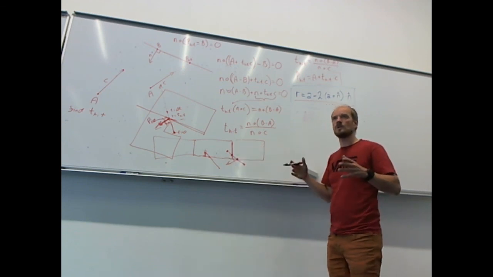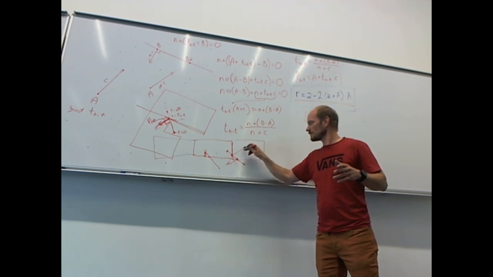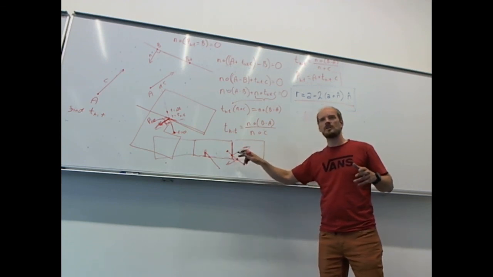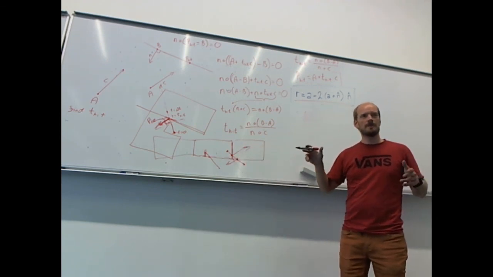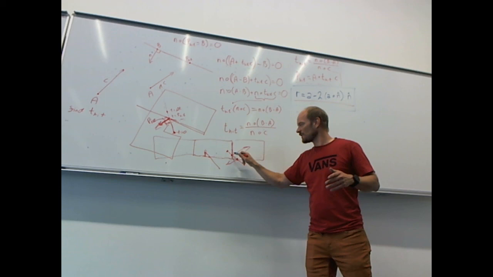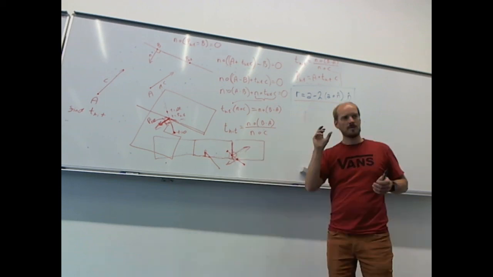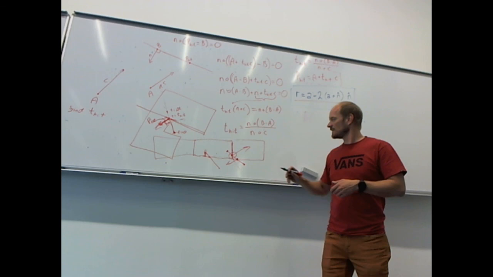What do I have to do now? Do I change my vector as if I bounced here? Or do I store this and say, I'm just going to save this T hit and this particular collision, and I'm going to keep it until I'm finished with all of them.